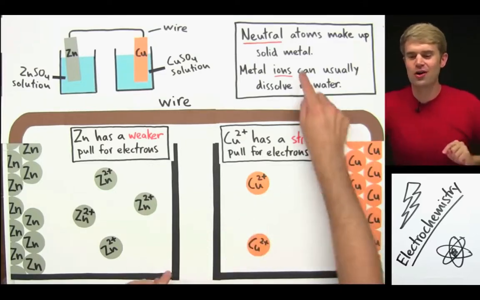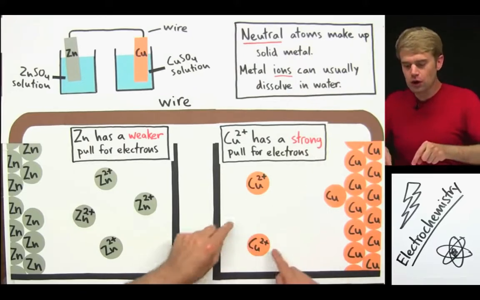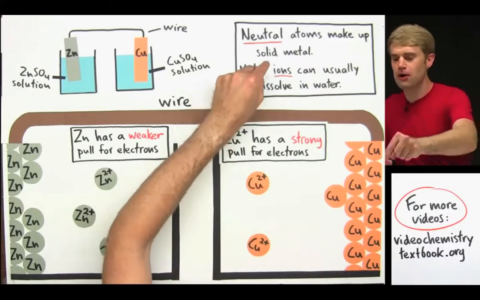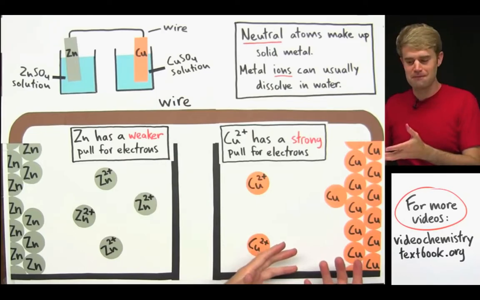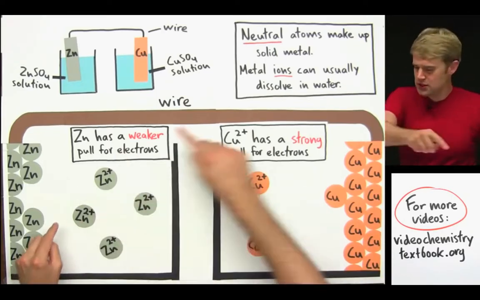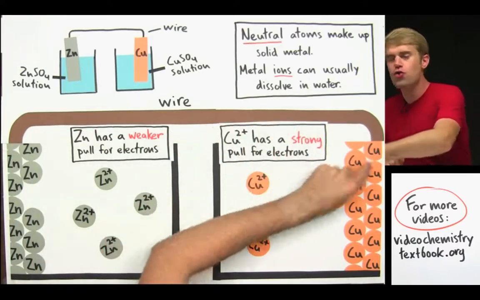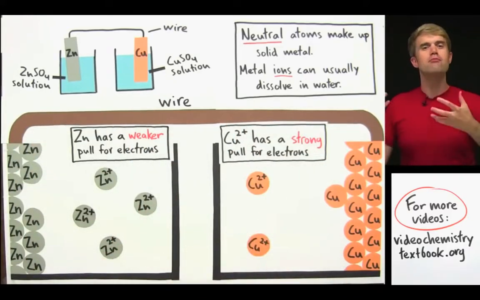And that is going to turn it into a neutral atom, which means that it is no longer going to be able to dissolve in solution, and it's going to become part of the solid copper metal here. Okay? So that's what happens to the copper. Now, notice that for this whole process to happen, electrons have to move through this wire. And that's where the electricity, the electron movement comes from.